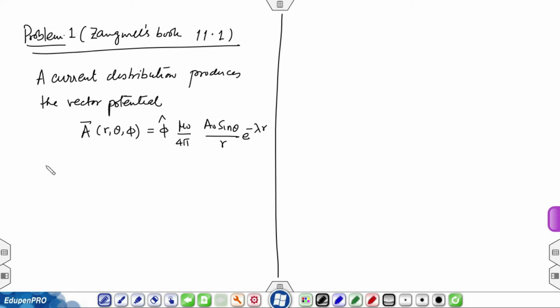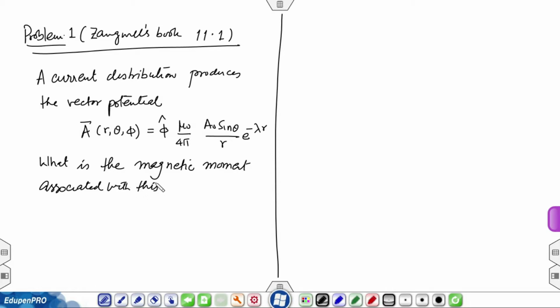Then what we want to know is what is the magnetic moment associated with this current distribution.